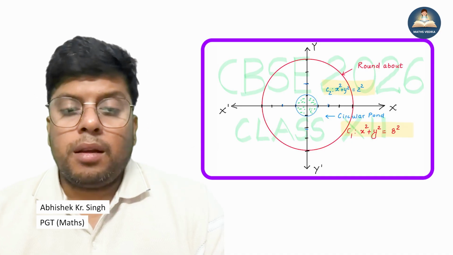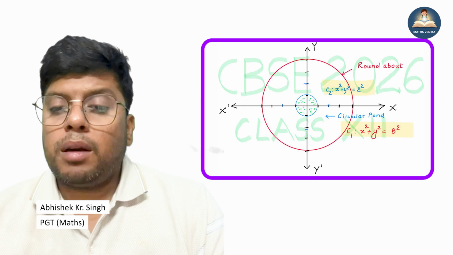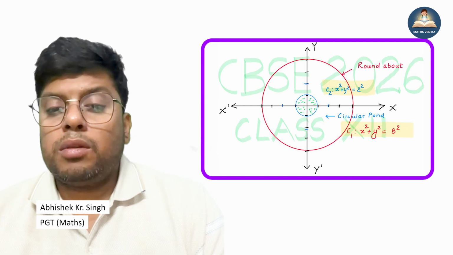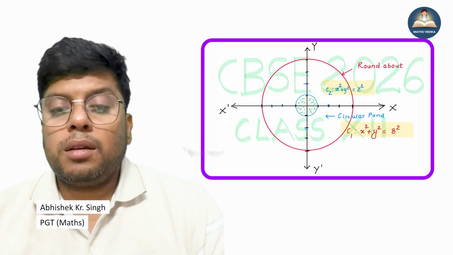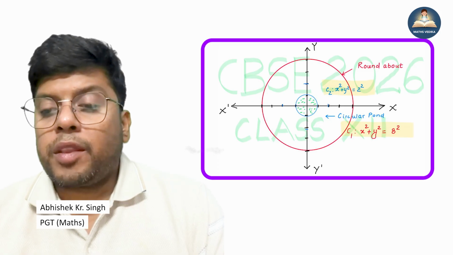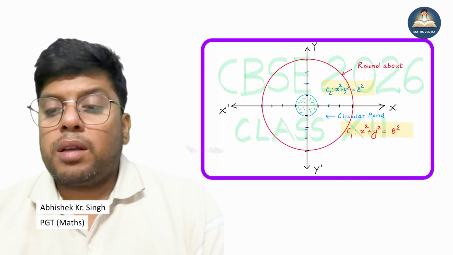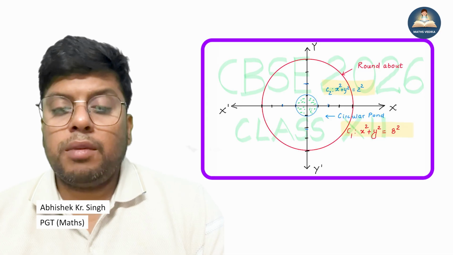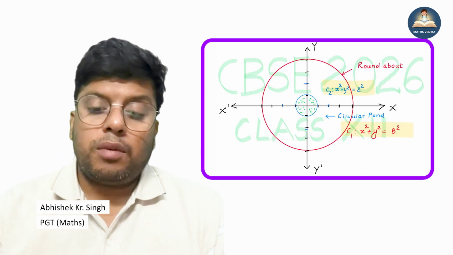Question number 38: roundabouts are often made on busy roads to ease the traffic and avoid red lights. One such roundabout is made such that the equation representing its boundary is given by C1. The equation is x square plus y square is equal to 64.